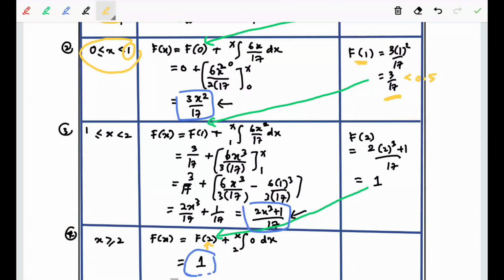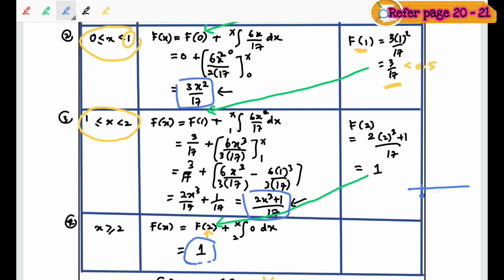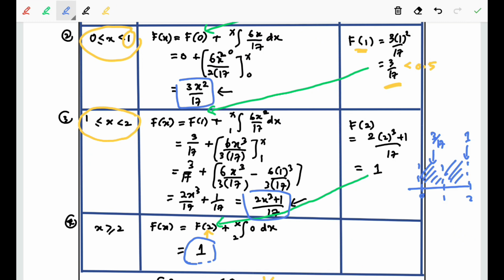So your m should be located in this interval. From 0 until 1, the total area is just 3 over 17. From 1 until 2, the total area is 1. So 0.5 should be here. This is your m.